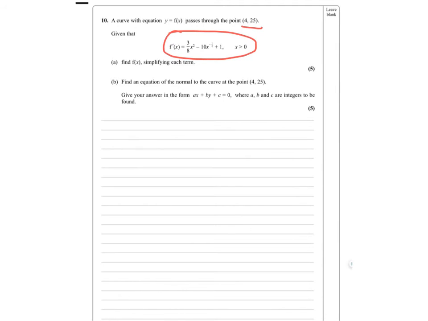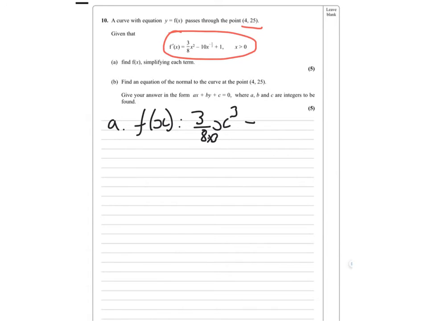So for part A, I'm going to integrate that, so f of x is going to be 3/8 x, x to the power 3 over 3, so actually it's times 3 there, isn't it?